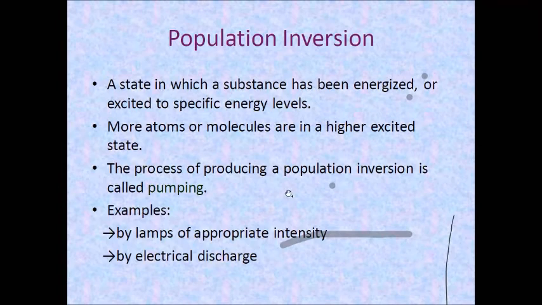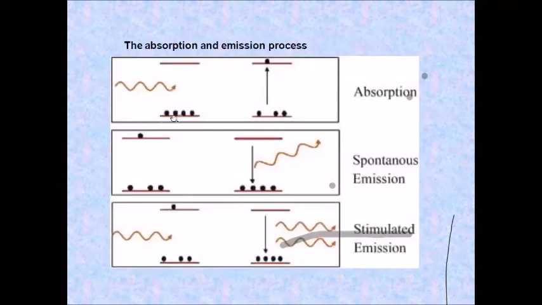Another important point is population inversion. Say we have a number of atoms. Here we have a huge number of atoms in the ground state. We allow a photon to strike the atoms in the ground state. Then the atom gets excited to the excited state. If we allow another photon to strike those atoms in the ground state, then after another strike of a photon, the atom in the ground state gets excited into the high energy state.